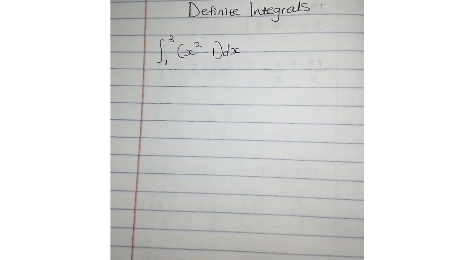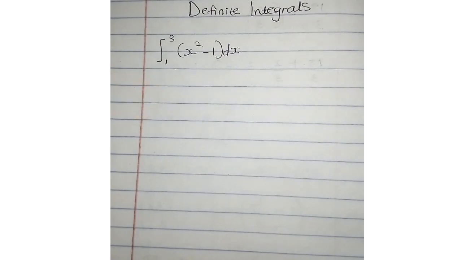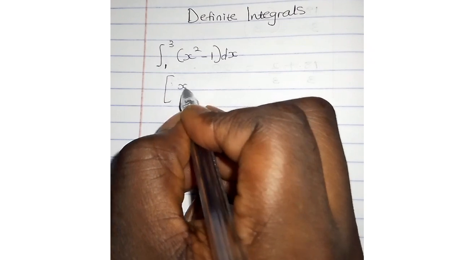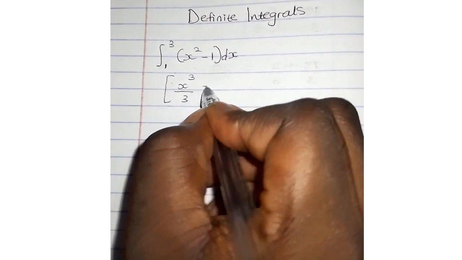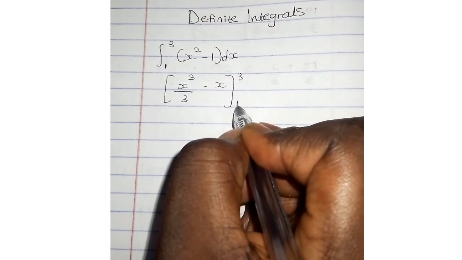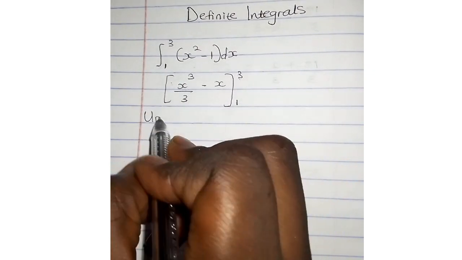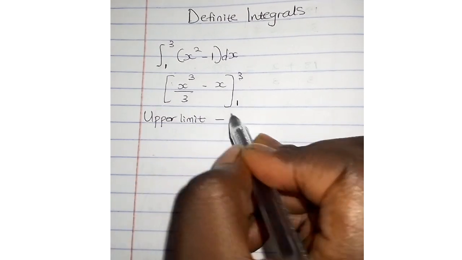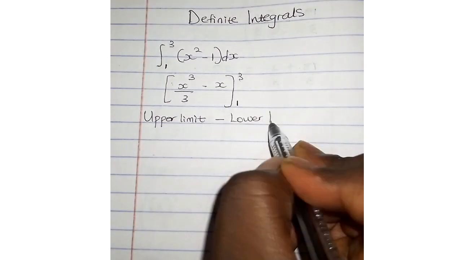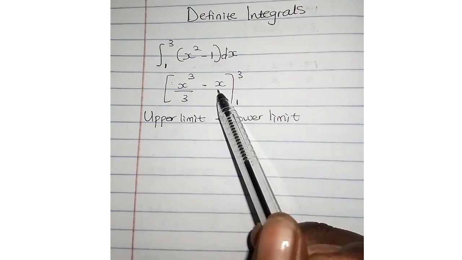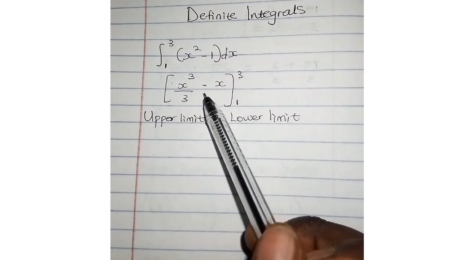So what we do right now is integrate this. When we integrate, we're going to have x cubed all over 3 minus x. Then we put our limits here, and to solve for this, we take the upper limit subtracting the lower limit. So for the upper limit we put 3 into x, and for the lower limit we put 1 into x.